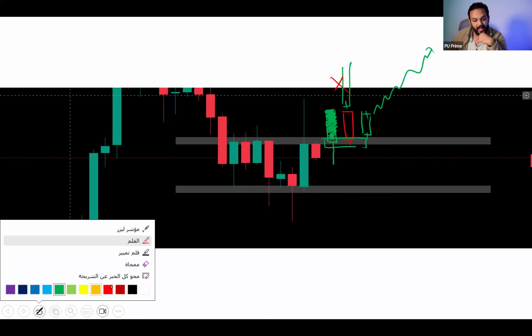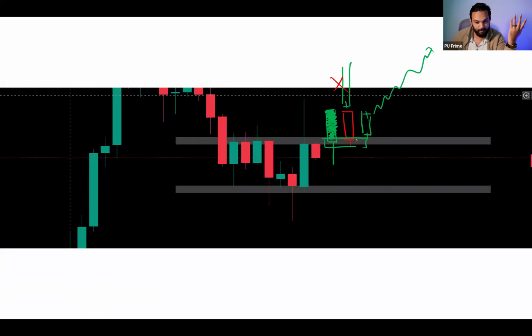If not, and this level was not respected, so this was a false breakout. So if the price didn't break higher, this means that the price is going to go lower. That's it.